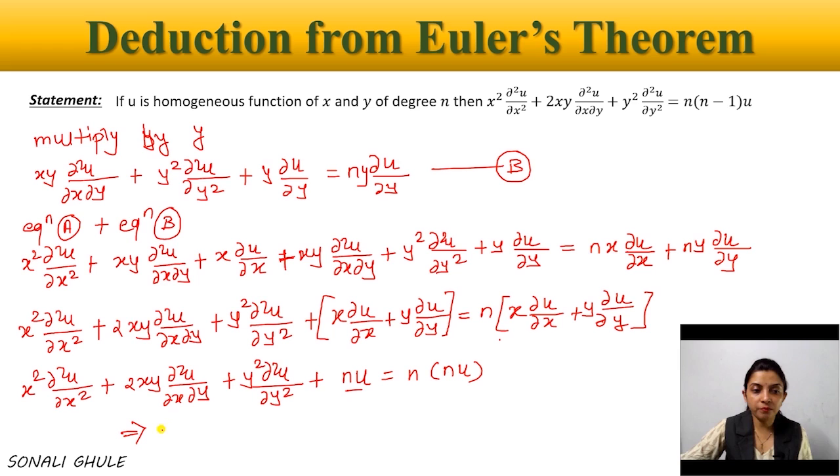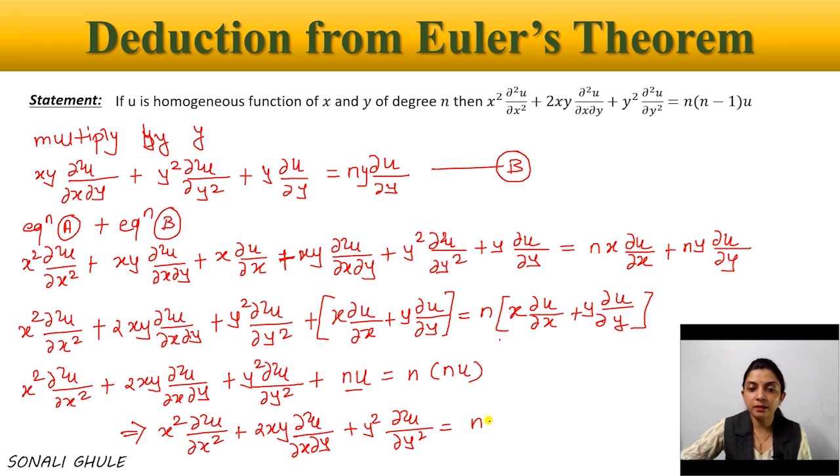So this will give me x² ∂²u/∂x² plus 2xy ∂²u/∂x∂y plus y² ∂²u/∂y² is equal to n into nu minus, transferring this term to the right hand side, that will be again nu.